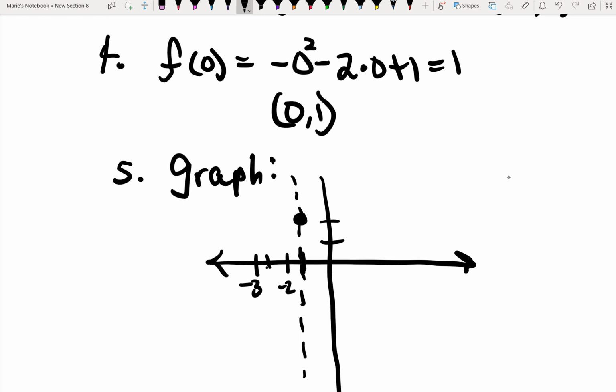Terrible spacing. Let me stretch that out just a little bit, because that's going to get crazy. All right, and so what I'm going to do is give a little space here. All right, so here's negative 3, here's negative 2, obviously this is negative 1.